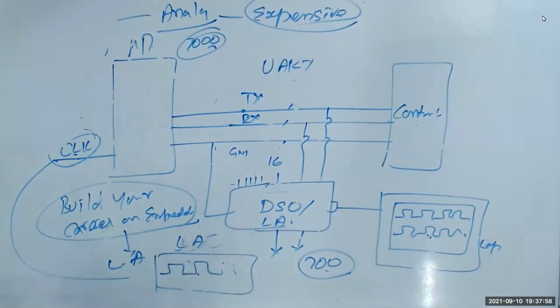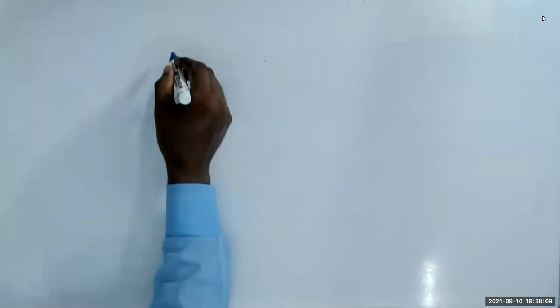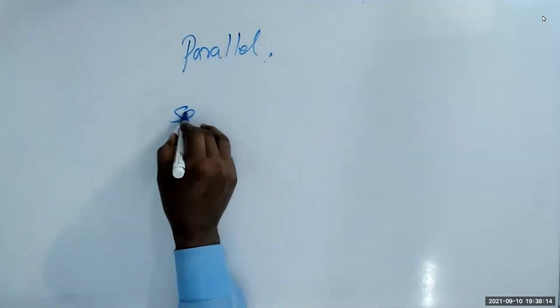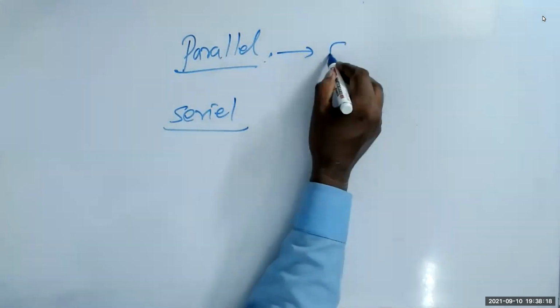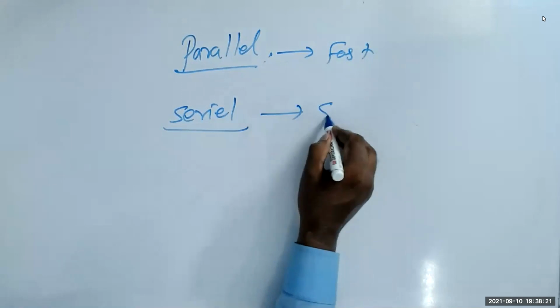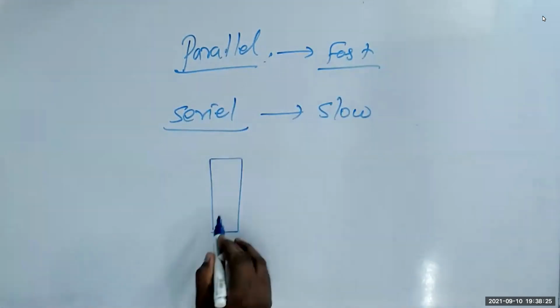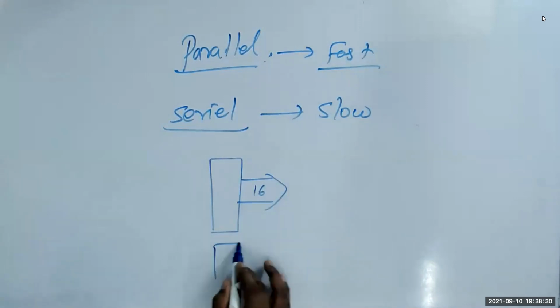So this is all about buses. In buses, there are multiple standards. One is called parallel, and one is called serial. Parallel is fast, serial is slow, because in parallel I have address lines. Let us say I have 16 address lines and 8 data lines.